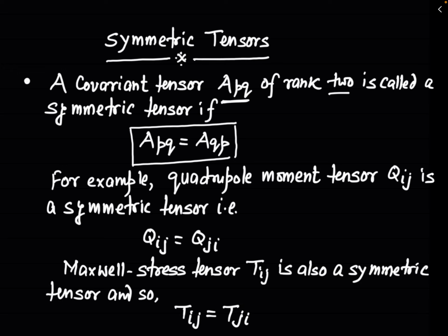It means if you just interchange the indices, then the components of the tensor remain invariant. They do not change. So if this condition is satisfied, then you can say that this covariant tensor of rank 2, A sub PQ, is a symmetric tensor.